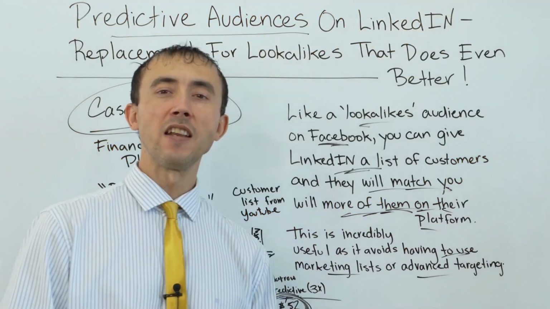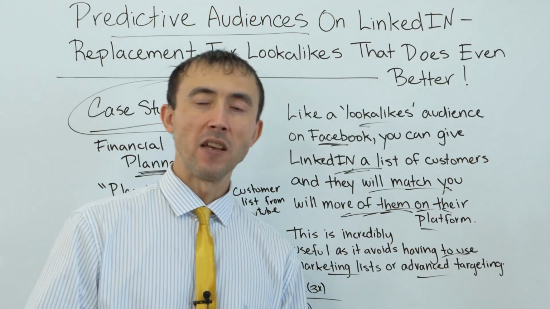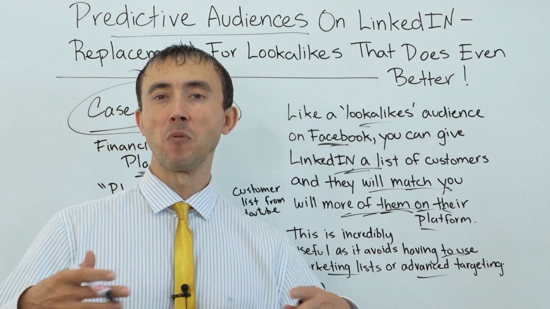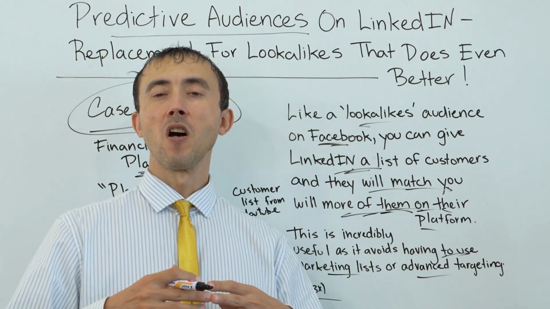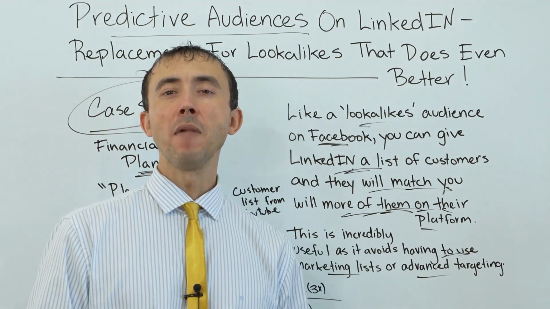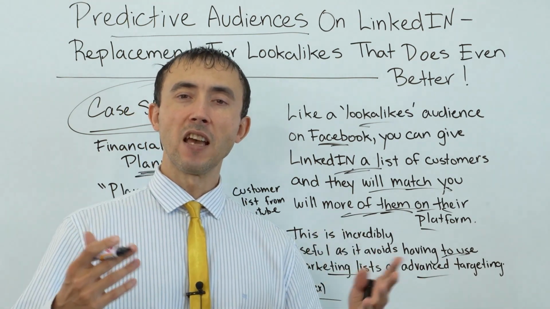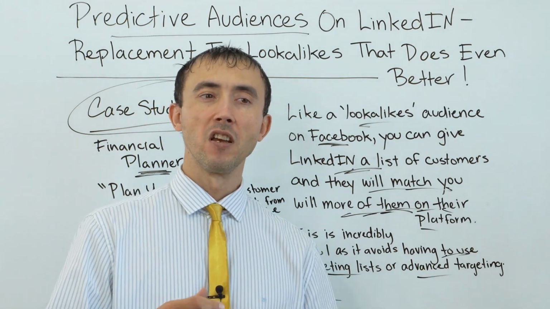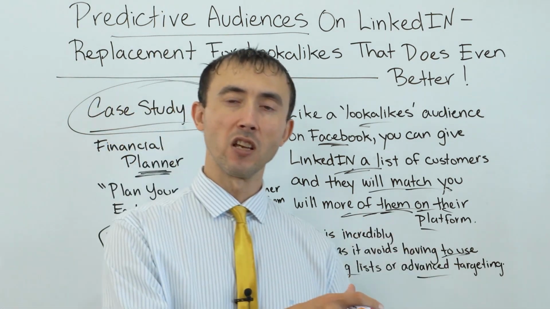So not only did it find out how to cut the people that just did not have the traits, even though they have the job title and the age that normally matches up with people on our customer list, but it also found how to get us more placement. And when it makes sense, because if the algorithm understands more who the home run prospects are for us, it's going to make sure our ad really gets shown to those people.